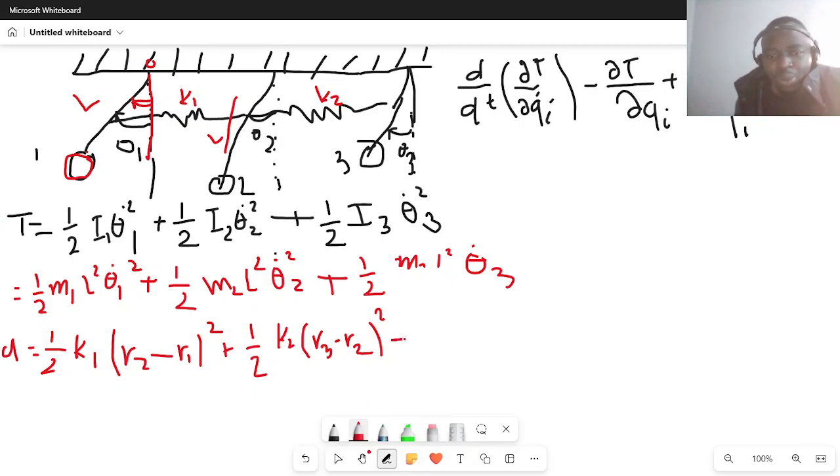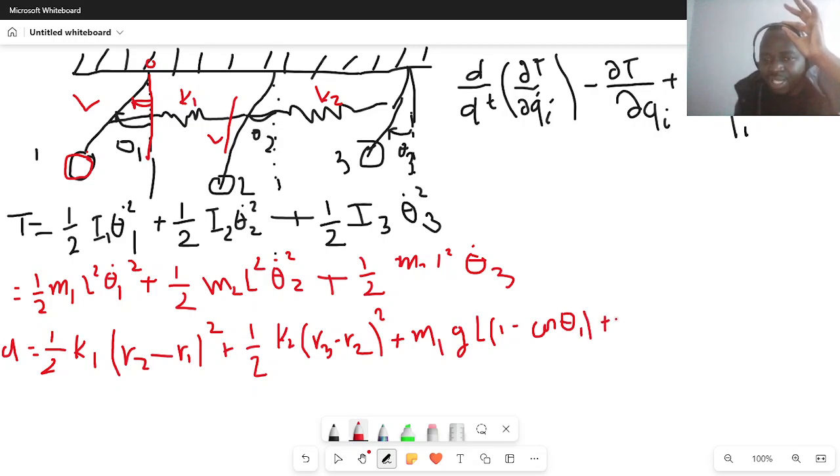So my potential due to mass 1 is going to be m1 g L1(1 minus cos theta 1). Easy, you just copy and paste. Second mass is m2: plus m2 g L2(1 minus cos theta 2).